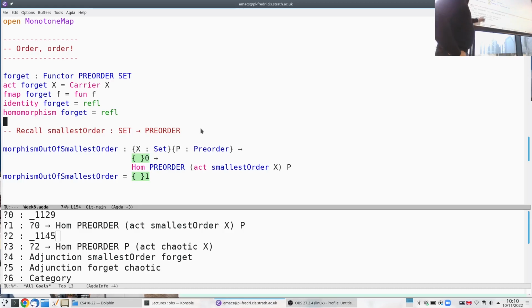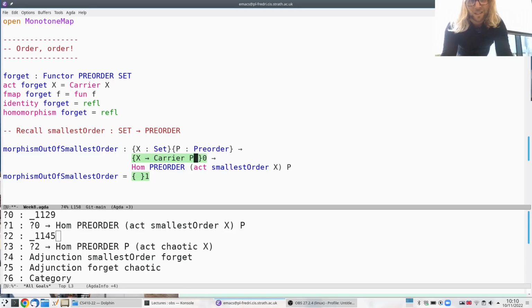Yeah, so I've chosen the good direction here, right? Saying, what does it mean to make functions out of this thing? Well, I think any old function from X into the carrier of P is going to preserve the smallest order.